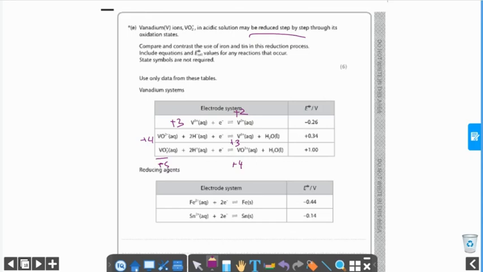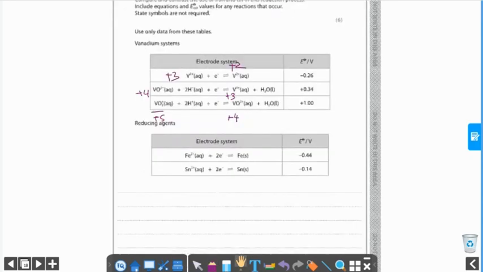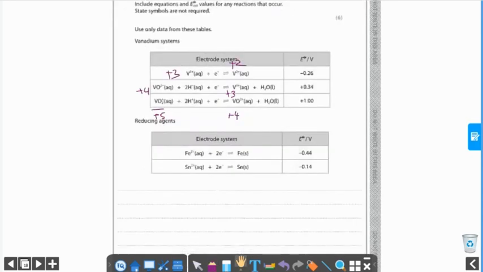Yeah, you can use both iron and tin. If you use iron, reverse this, it will be plus 0.44. So you add plus 0.44 to 1, which is 1.44 if you use iron. If you use tin, plus 0.14 and 1, it is plus 1.14.